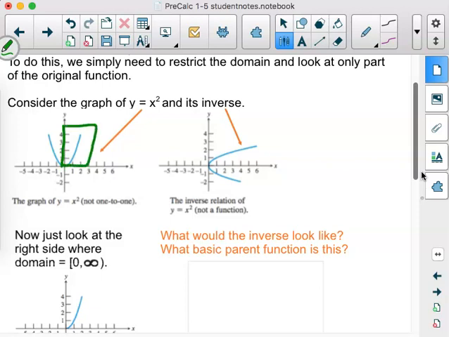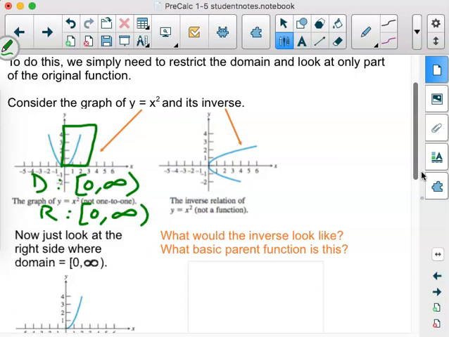And we'll say, you know what? I'm going to make sure that my domain is from 0 to infinity, and then my range is also going to be 0 to infinity. I only look at that portion of the graph and the inverse of only that portion of the graph.